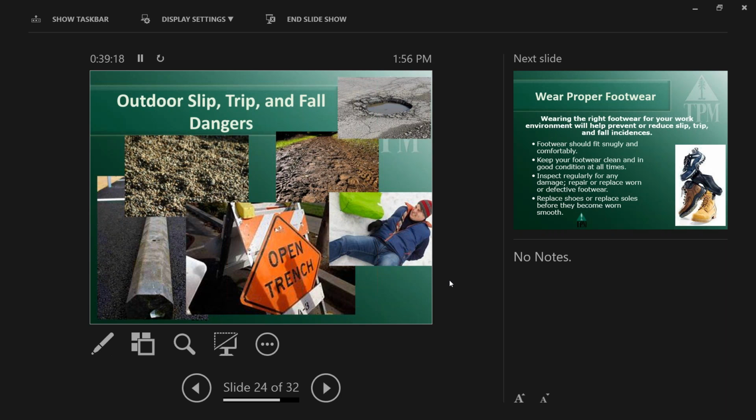We may have to put down planks to walk across a muddy or a gravelly area. Sometimes people twist their ankles. We've got to find some way to increase awareness and then make a safe path or a safer path for people to get by those hazards or those dangers, because those are going to be all over the place.